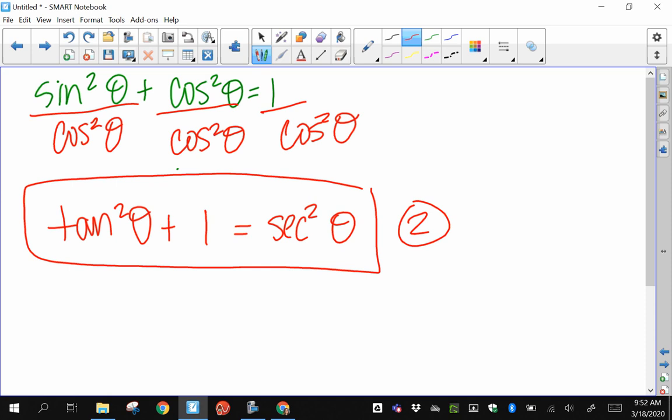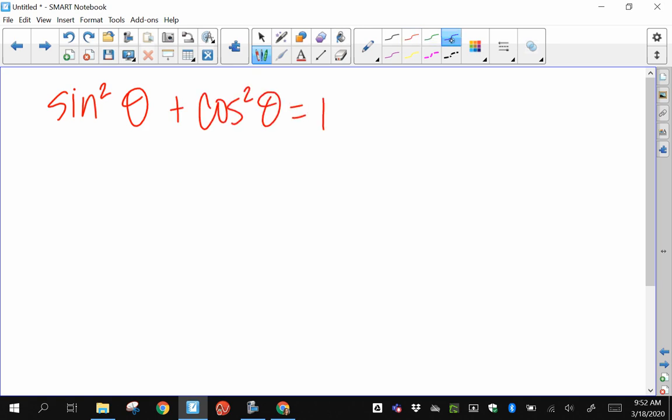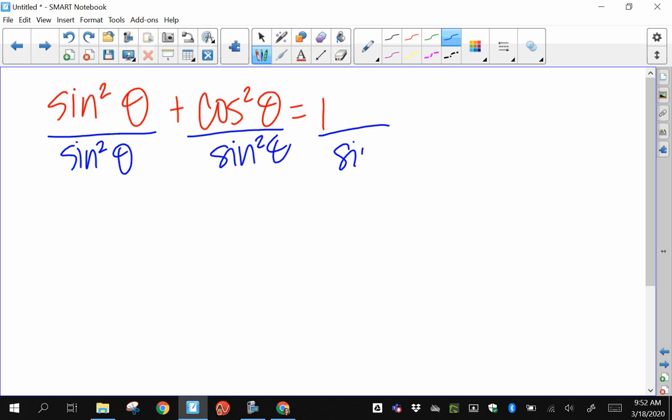Okay, and I'm going to switch to a new slide. We're going to do our final Pythagorean identity. This time I'm going to divide each term by sine squared theta. Sine divided by sine, that's 1.